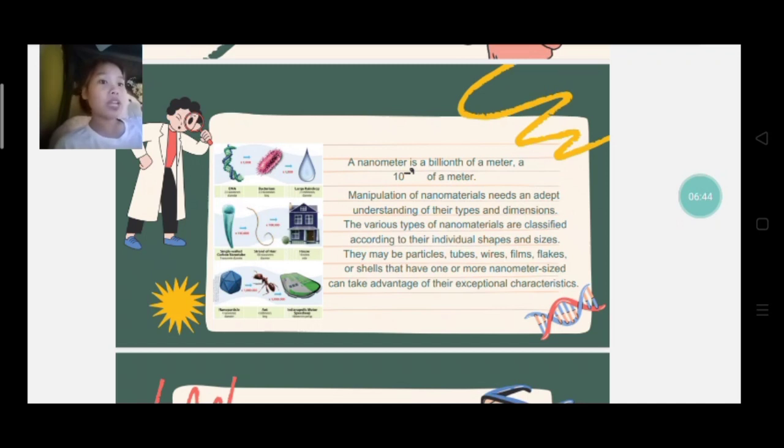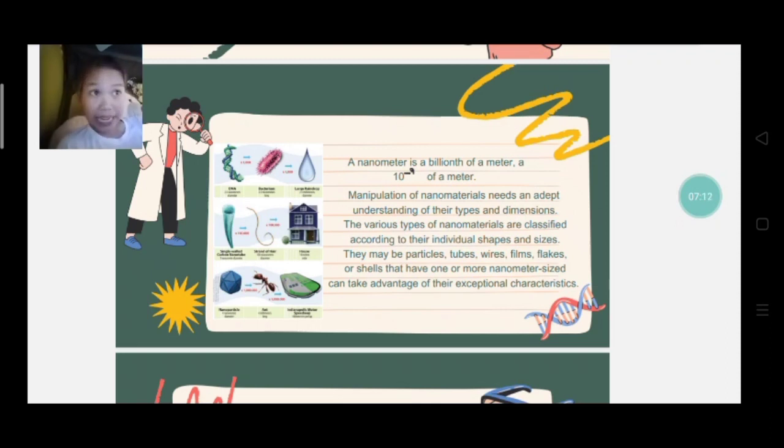Manipulation of nanomaterials needs a deep understanding of their types and dimensions. The various types of nanomaterials are classified according to their individual shape and size. They may be particles, tubes, wires, films, flakes, or shells that have one or more nanometer dimensions, which can take advantage of their exceptional characteristics.